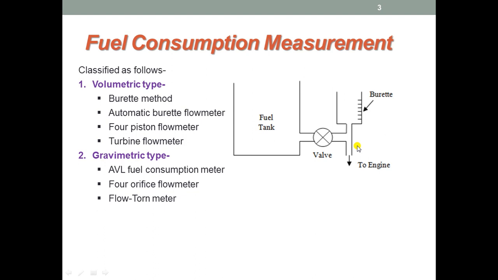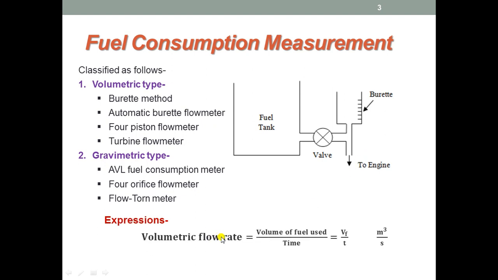Volume divided by time will give the volumetric flow rate that you can observe in the expression. That is, volumetric flow rate is equal to volume of fuel used over time, and symbolically we can write it as Vf over T, and volume flow rate is measured in meter cube per second.